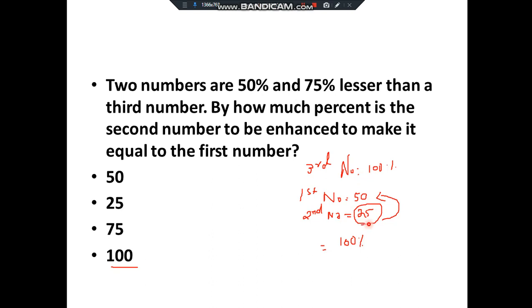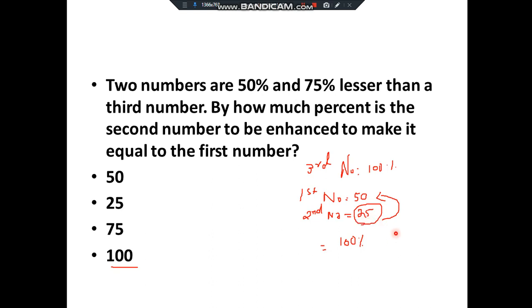So the question is, by how much percent is the second number to be enhanced to make it equal to the first number? The first number is 50. So from 25, how much percent should it be increased to make it 50? Just think, let us consider 50%. 50% of 25 is nothing but 12.5, right?